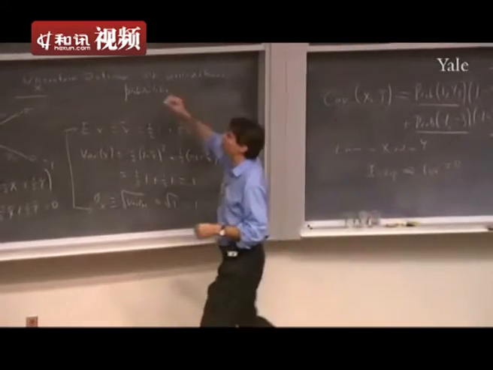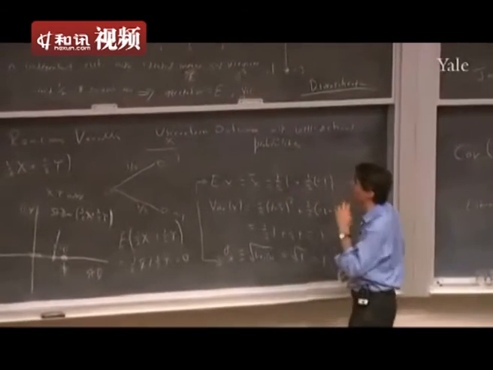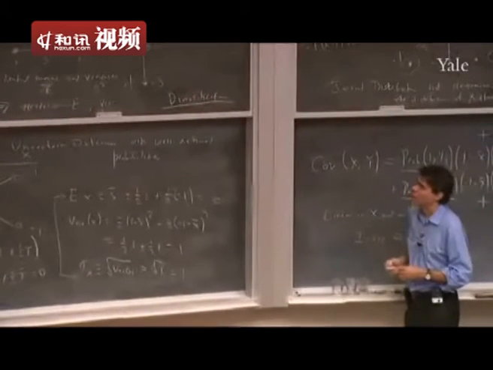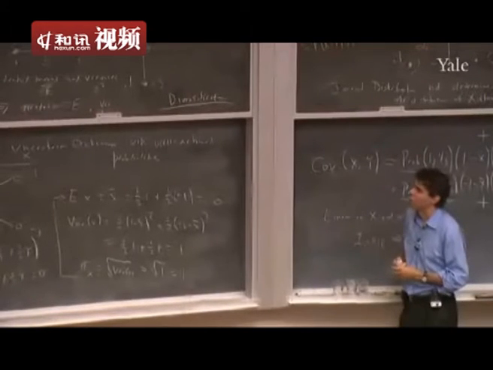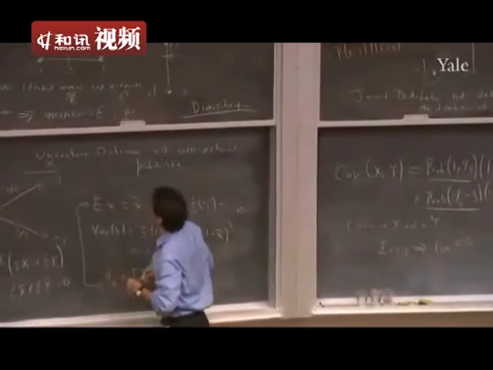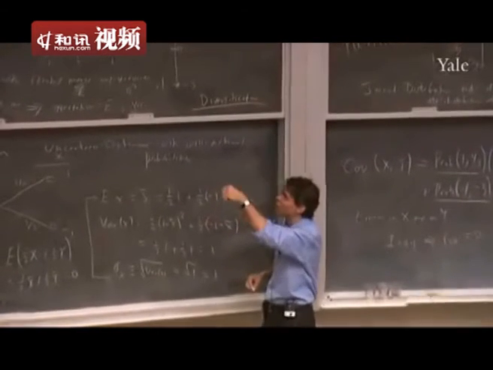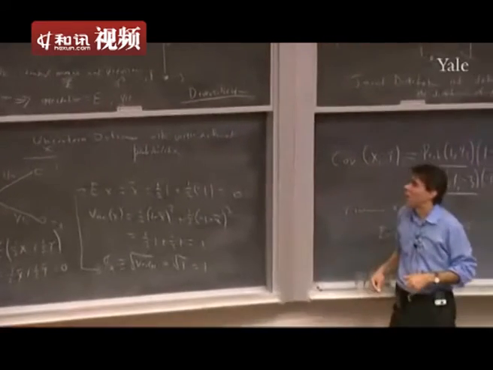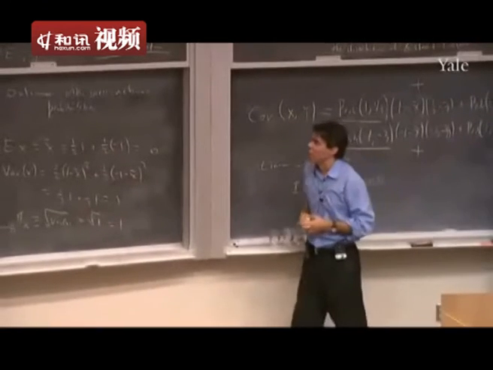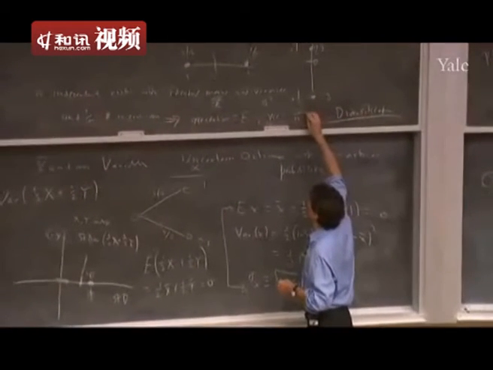Well, what's going to happen to the variance? Put 1 over n dollars in each of n identical but independent investments. What will my variance be? The variance is going to equal 1 over n times sigma squared.